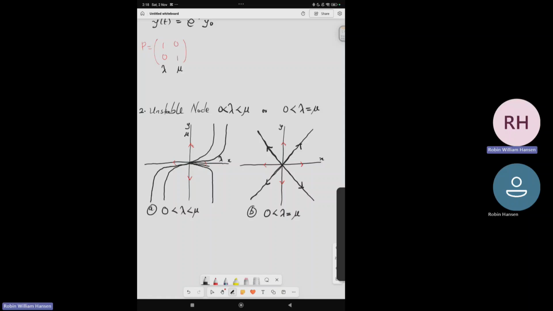Like this. And again like this. And like this. So we'll have the directions in this form, this form, this form, and this form.